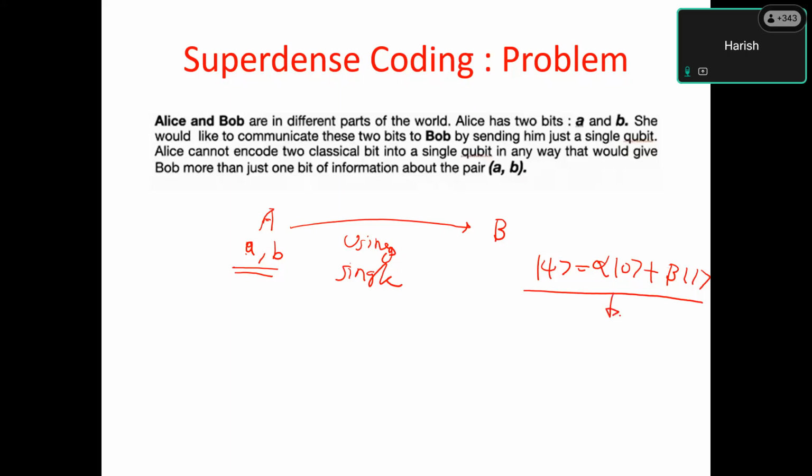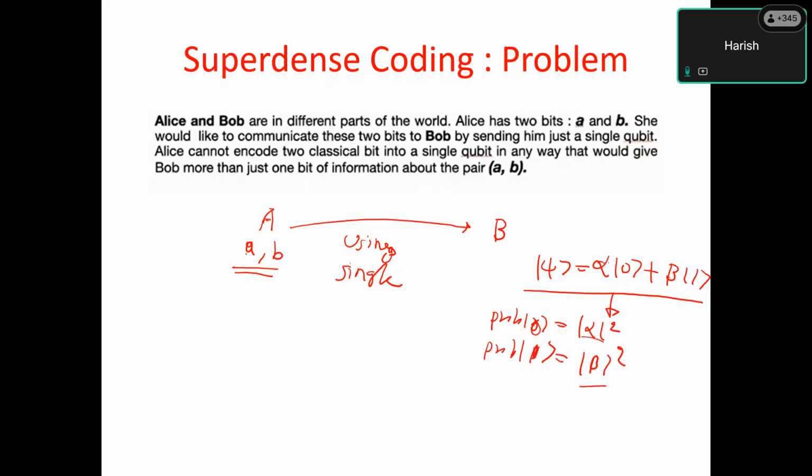But when we measure it, the probability of measuring 0 is mod alpha squared, and the probability of measuring 1 is mod beta squared. So on measurement we will get either 0 or 1 with these probabilities.